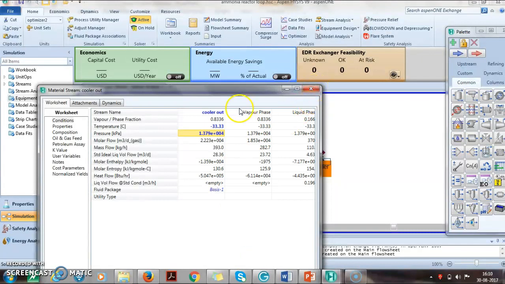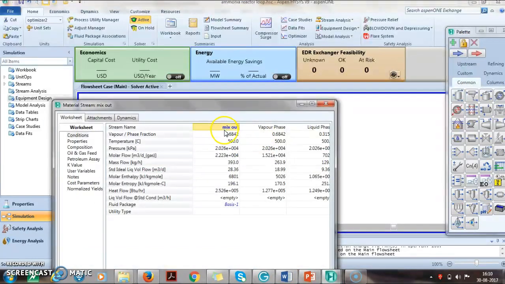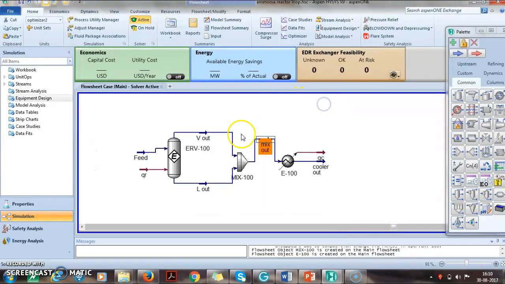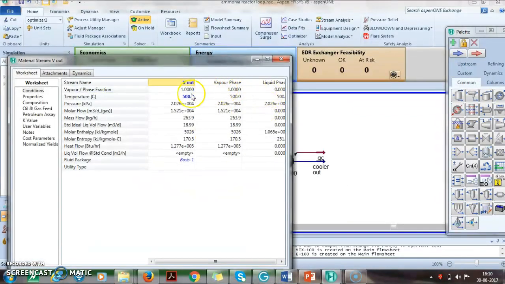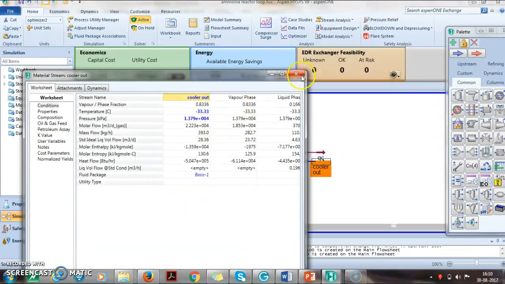So we have got some amount of liquid generated. We can see that this mixture outlet is almost a vapor, and then you have some amount of liquid here. So this liquid needs to be separated.